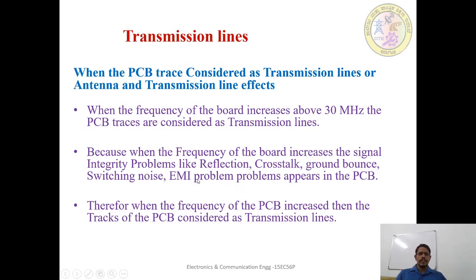Therefore, we have to consider the tracks as transmission lines when the frequency increases.